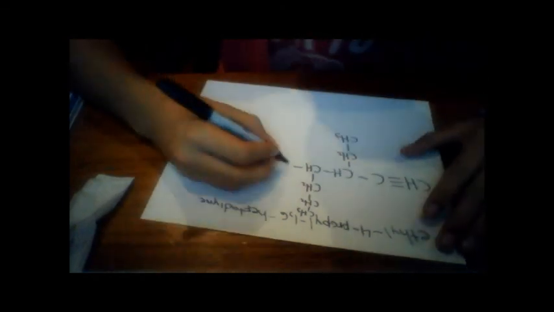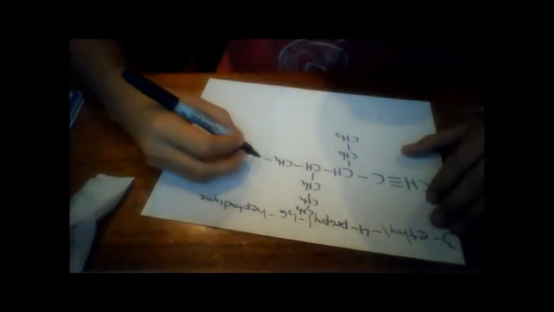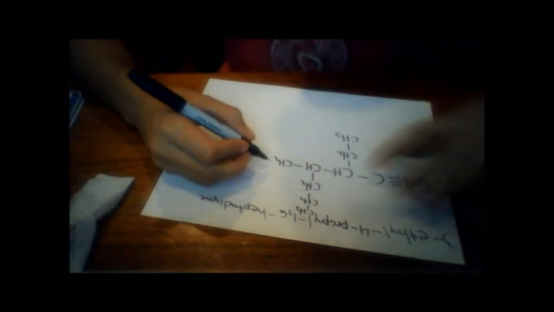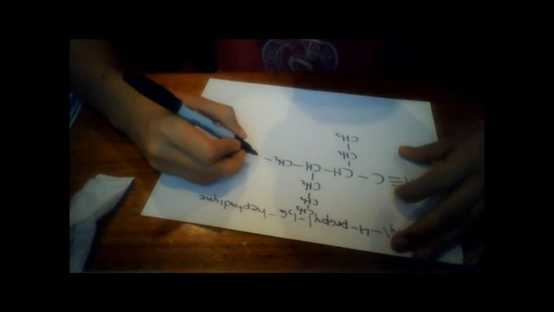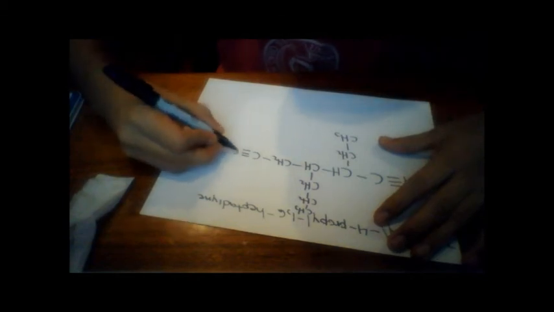Number 6 we have a triple bond joined with a CH. That's all. Now you know how to name alkynes.